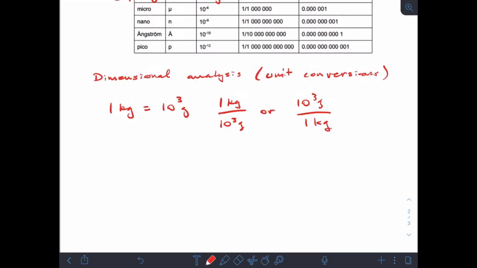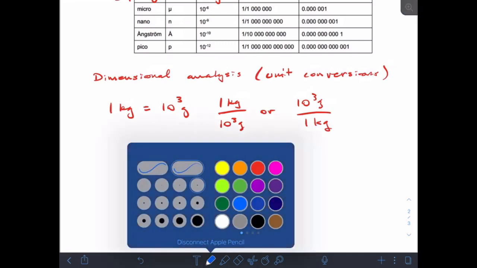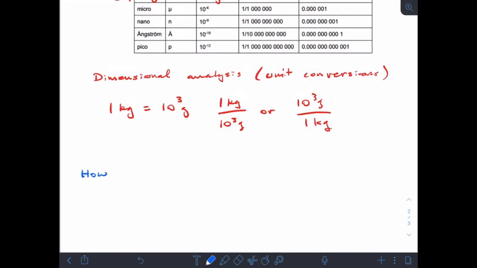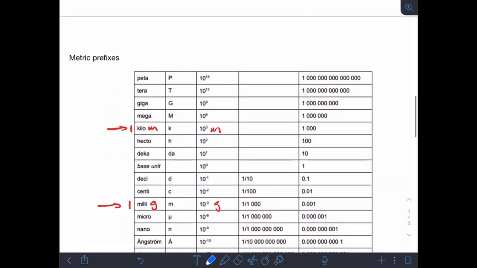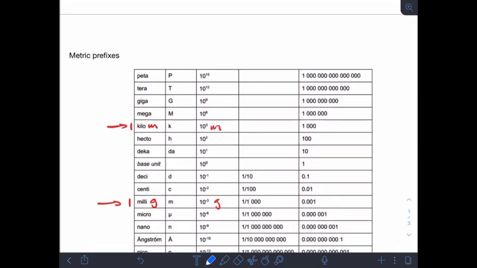Let's take a look at a problem and see how this is going to work out. Here's our question. How many grams are there in 56 megagrams? If we come up to our table here, we're going to be looking at mega.